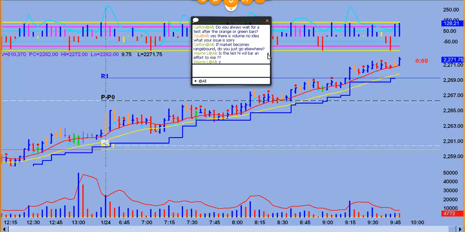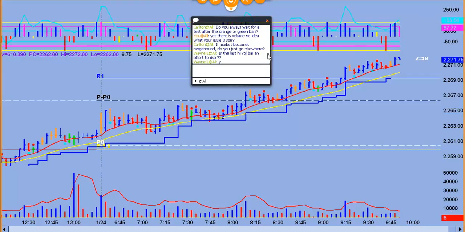Okay, if the market becomes range bound, yes, if you're an amateur and you're just learning how to trade, you're usually better served by waiting for a breakout in one direction or the other. But when you do know how to read price and volume, you can anticipate, and that's the beauty of price and volume, you can anticipate the direction that price is going to go by adding up the bars.